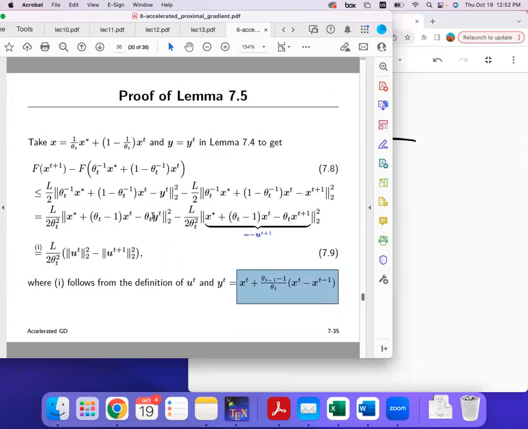So replace yt by these terms, and then you simplify and combine all the similar terms. You will see that this term is exactly what we called ut. So plug in yt, and this term will become ut.